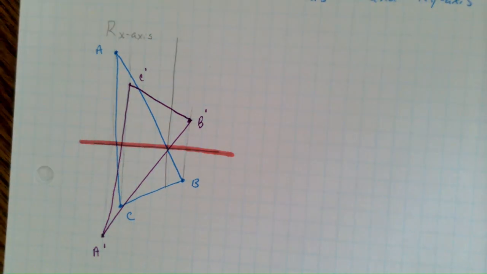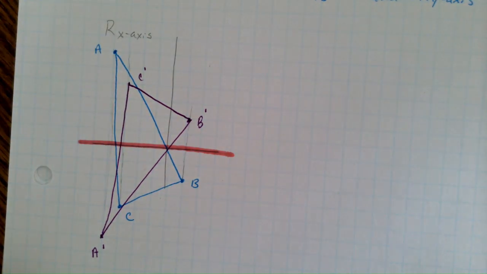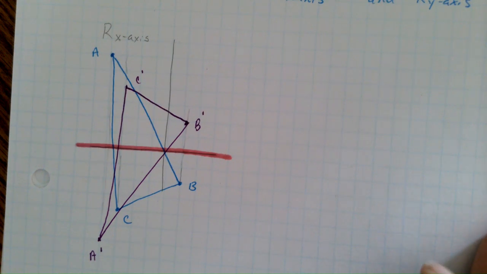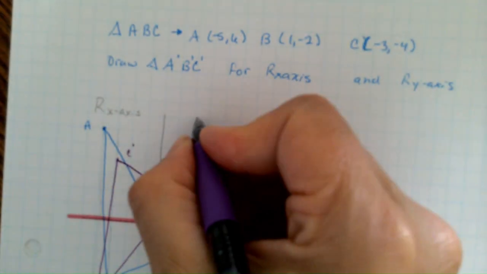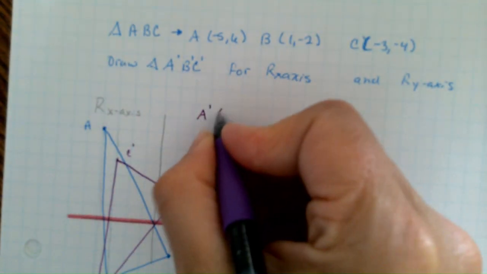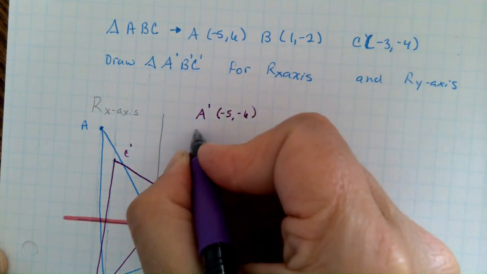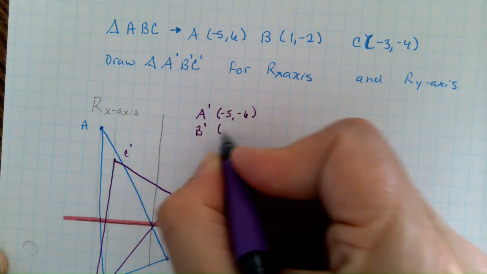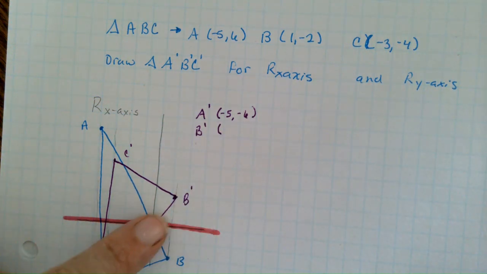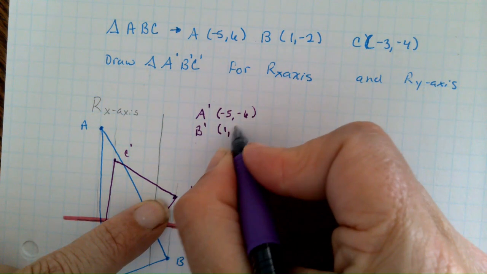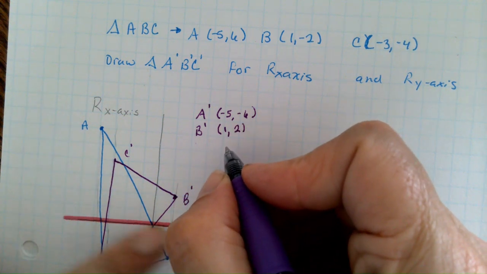Okay, so we now have our image. In our image, A hat was left 5, down 6. B was right 1, up 2. And C, we went left and up.